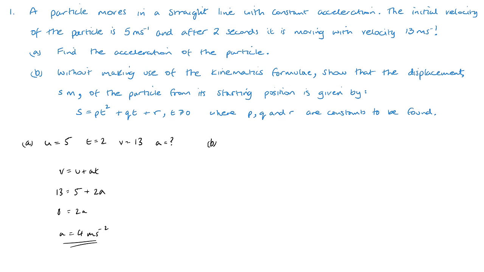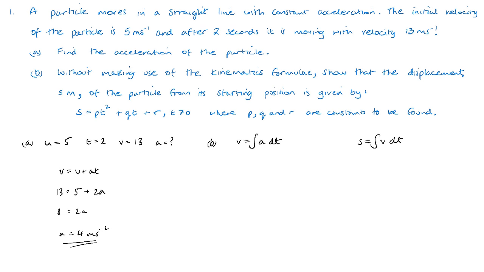If I don't want to use the kinematics formulae, I can't jump straight into s. I'm going to have to find v first of all, because s is the integral of v dt, but we don't have v, so v is the integral of a dt.